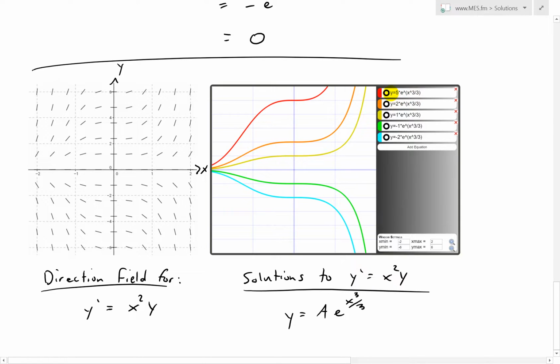So this red one, a equals 5. Then this orange is a equals 2. This one is a equals 1. This right here is a equals -1. And the final one here is a equals -2. And as you can see, it looks like this.